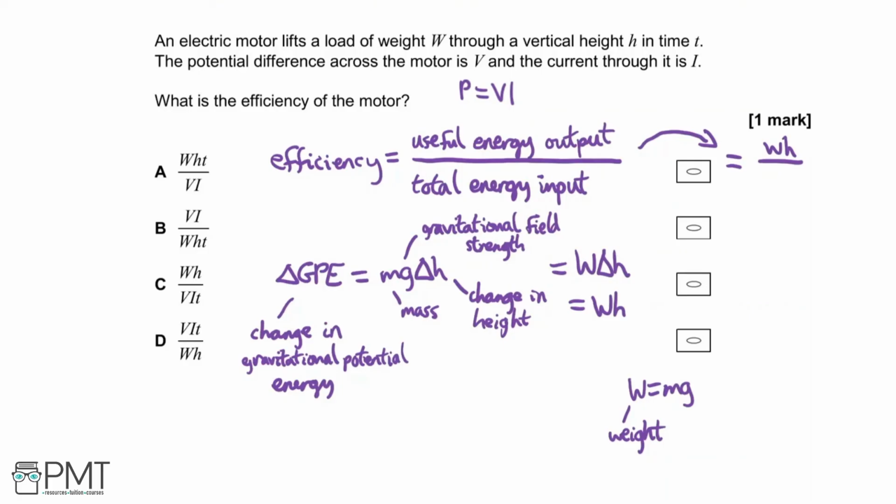If we combine that with power is equal to energy divided by time, because power is the rate of change of energy or the rate of energy supply, we can say that the energy is equal to potential difference times current times time, because we're saying up here that energy is equal to power times time. So we now have our bottom half of the fraction for the total energy input. So the total equation for efficiency is equal to weight times change in height divided by potential difference times current times time. So the answer to this question is going to be C.